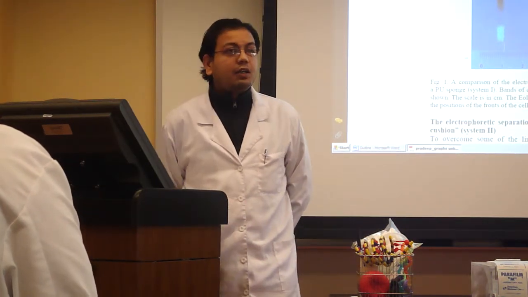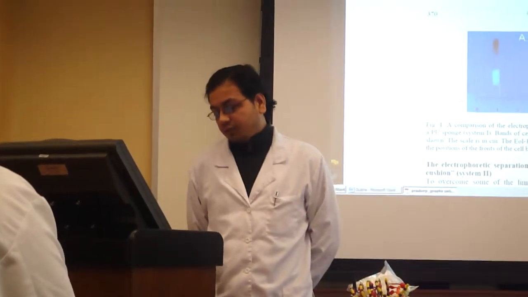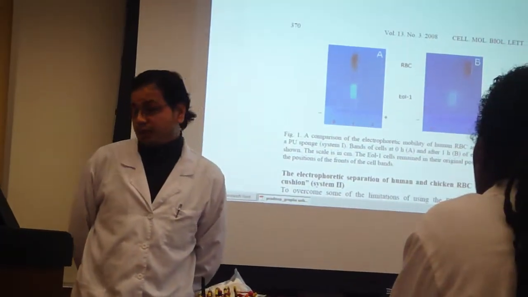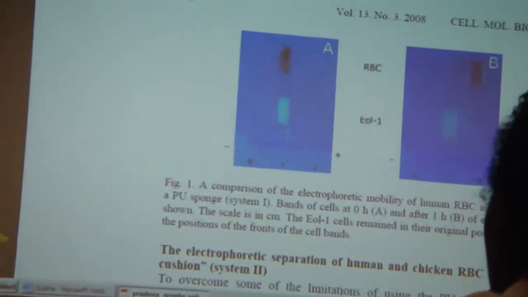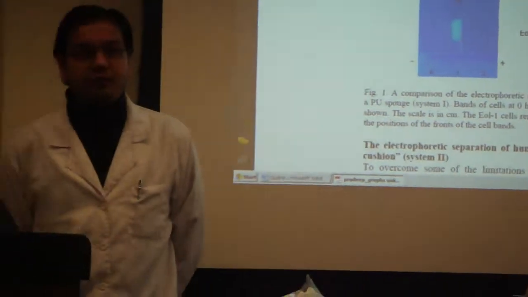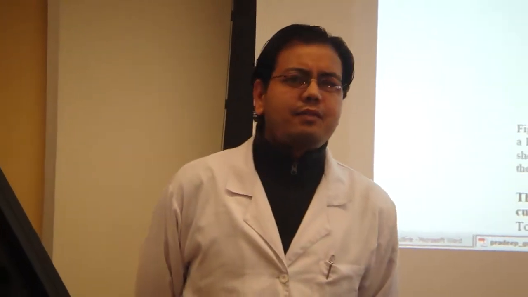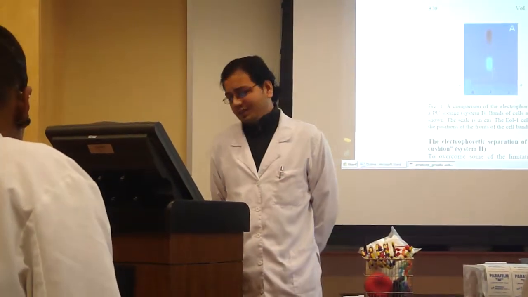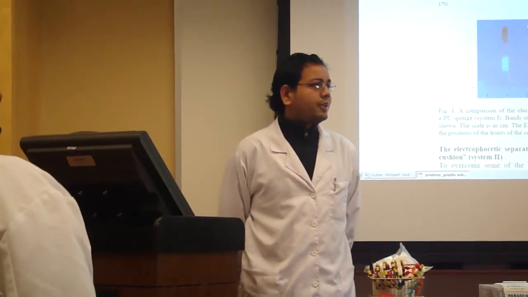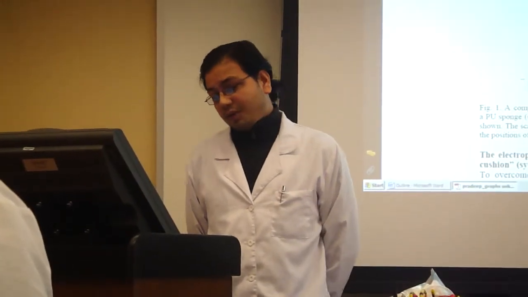Let me first introduce a little bit about the cell electrophoresis itself. It's a technique that permits identification and measurement of the electrochemical properties of the cell surface. We all know that the cell wall and cell membrane have various cytoskeletons and various proteins like glycocalyx and glycoproteins that represent the electrochemical properties of the cell.